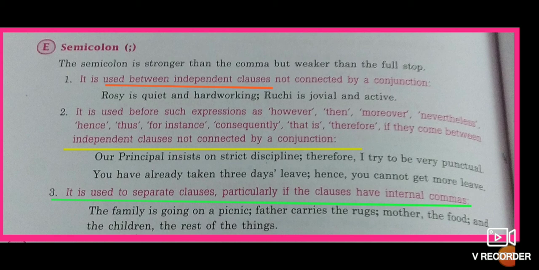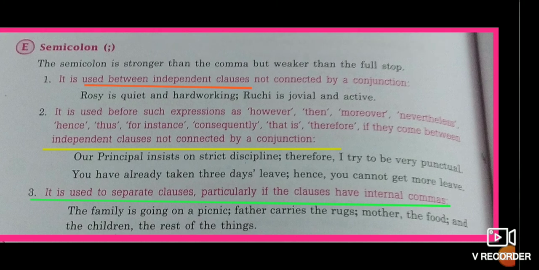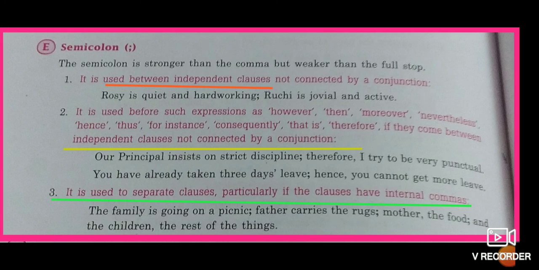Like our principal insists on strict discipline, this is an independent clause. I try to be very punctual, it is also an independent clause. And they are not connected by a conjunction, they are connected by an expression. Therefore, hence, we will use a semicolon before that expression.